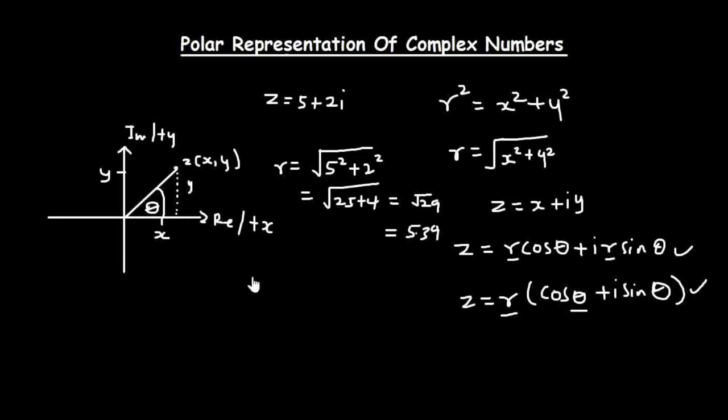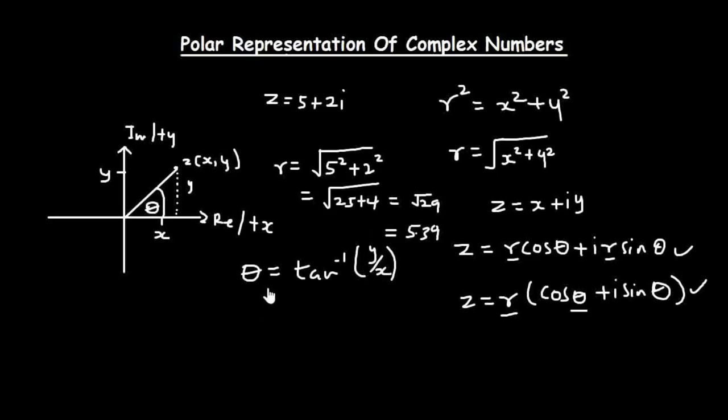So the argument theta is equal to the tan inverse of y over x. When you're doing this, you don't consider the signs of the numbers. So let's say if you have -5 here, you're going to ignore the negative.